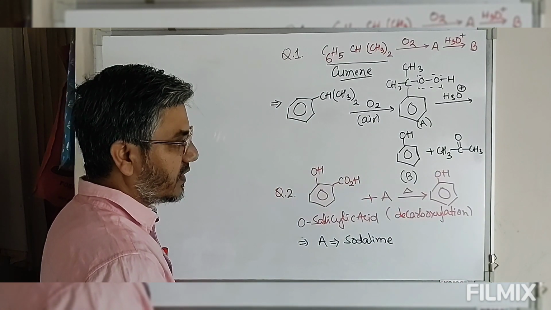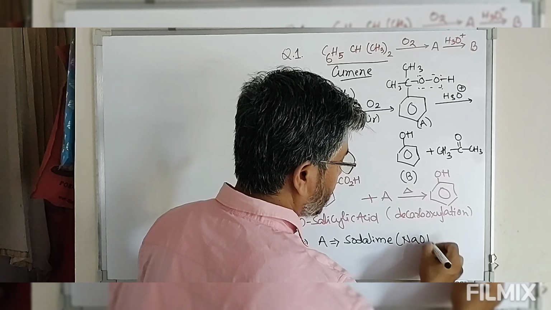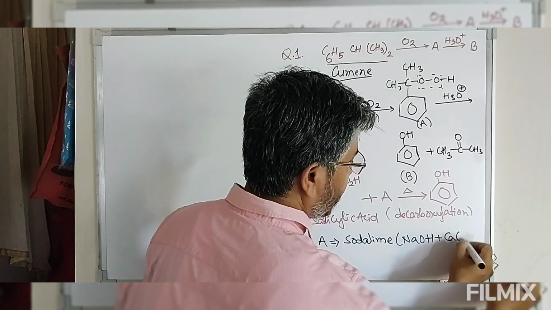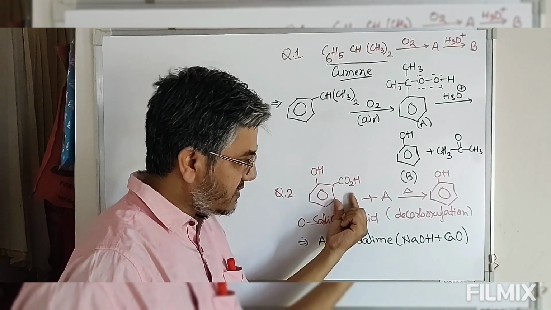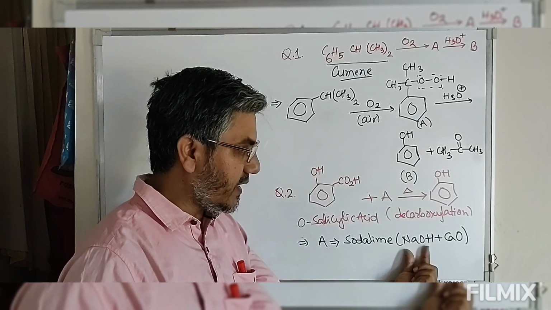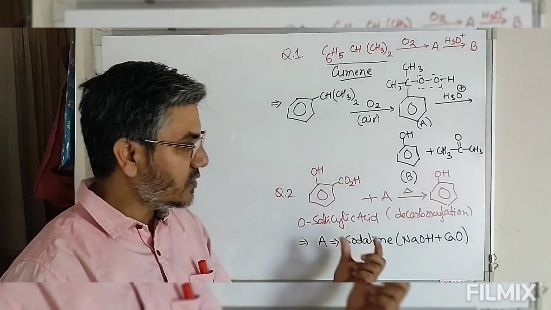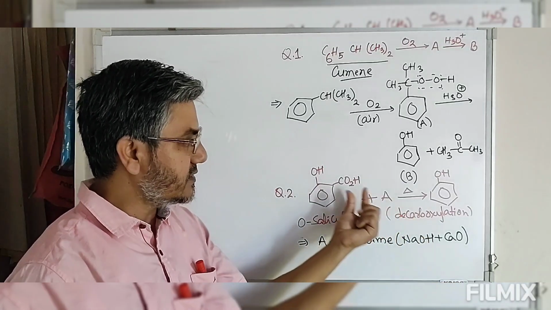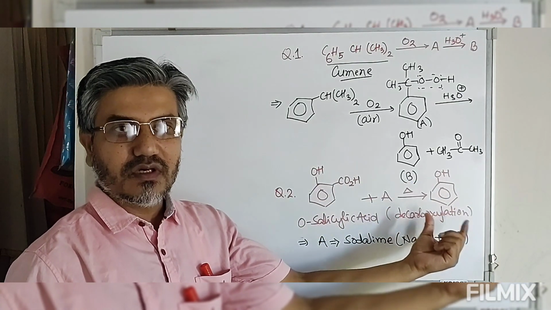Soda lime is a mixture of sodium hydroxide and calcium oxide. Now carboxylic acids on heating with soda lime, that is a mixture of sodium hydroxide and calcium oxide, undergo decarboxylation, that is a molecule of carbon dioxide is removed and this is converted into the hydrocarbon.